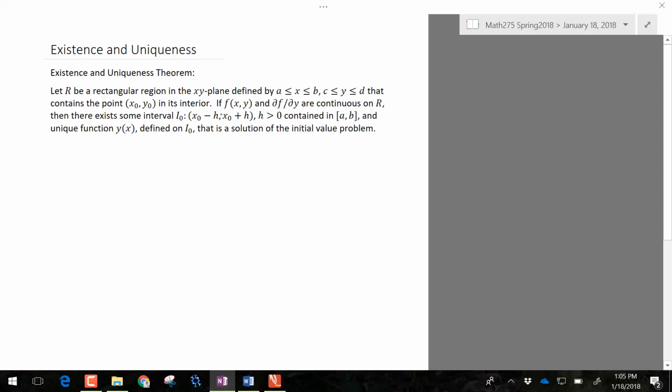So we're assuming that we have f of x, y, and the partial of this function with respect to y are continuous. Then it says that there exists an interval that contains the initial value, so that we have an actual unique solution for our differential equation.